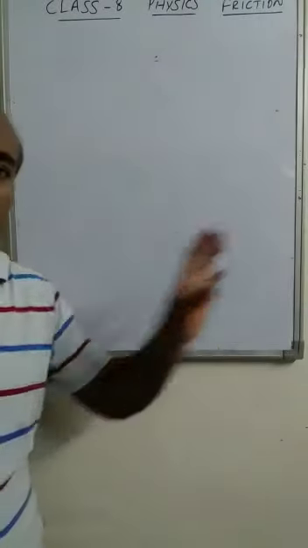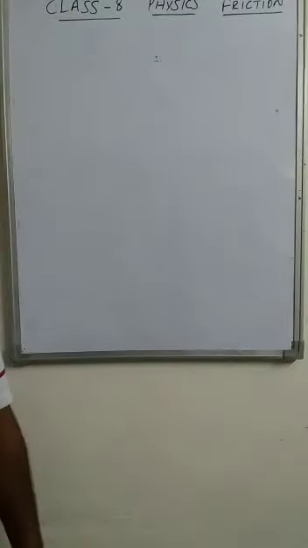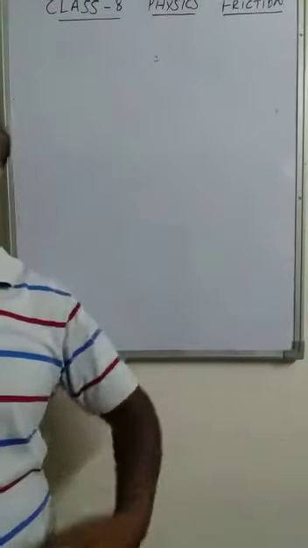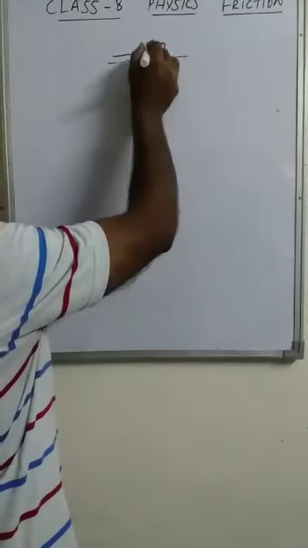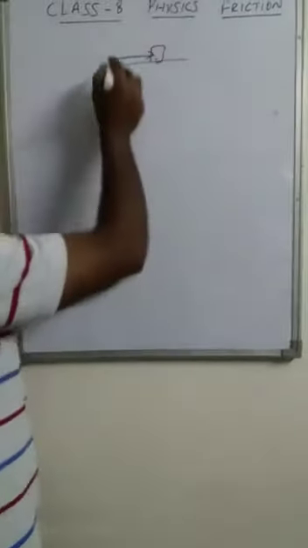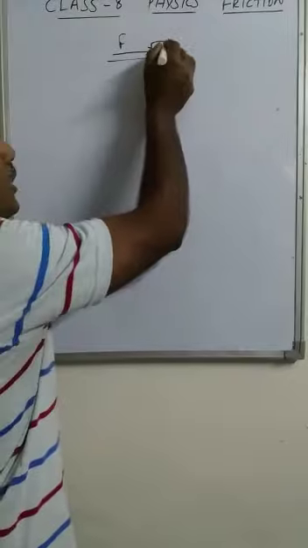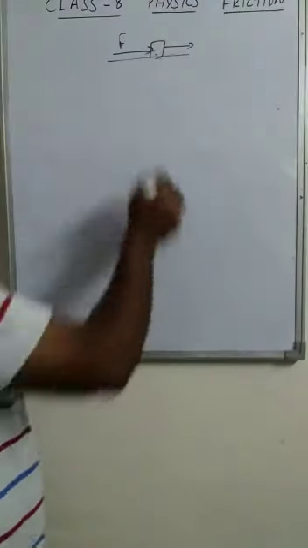If we push the object, then it opposes. If you pull the object, again it opposes. If the force is applied in this direction, the object tends to move in this direction, and friction opposes.